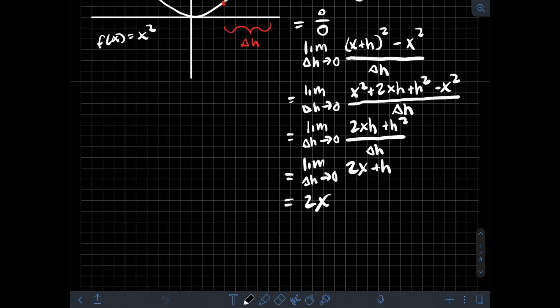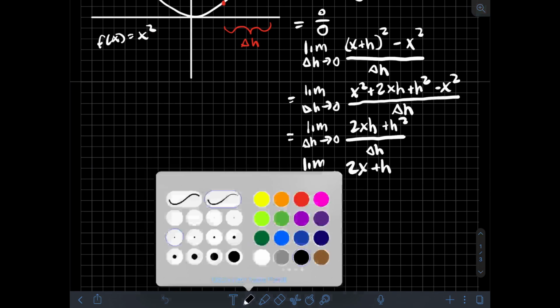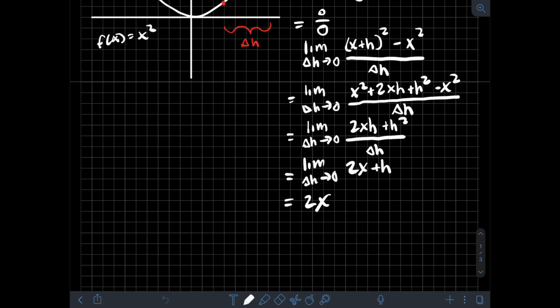For notation purposes, this is how we'd show that we're evaluating a derivative at any given point. So we'd write f prime of x is equal to 2x, and then if we wanted to evaluate this at a given point, let's say x equals 3 or whatever, we could do f prime of 3 is equal to 2 times 3, which is equal to 6.